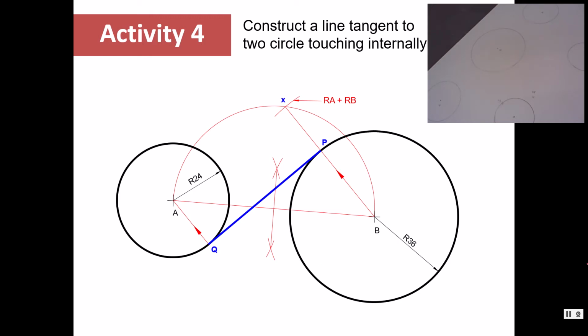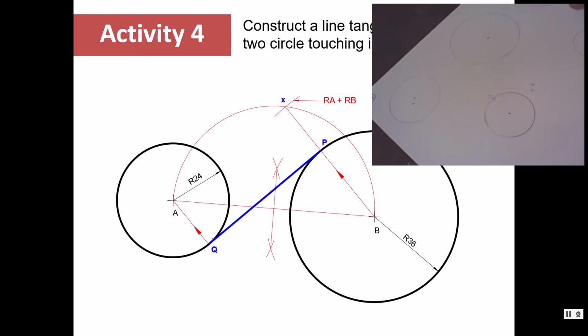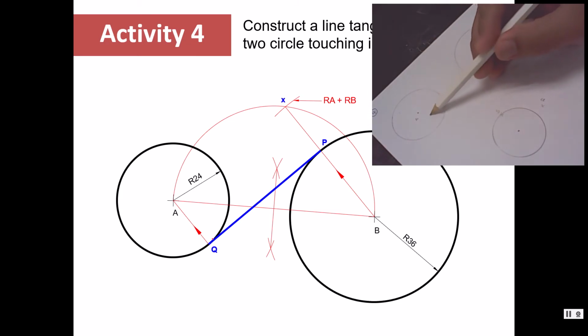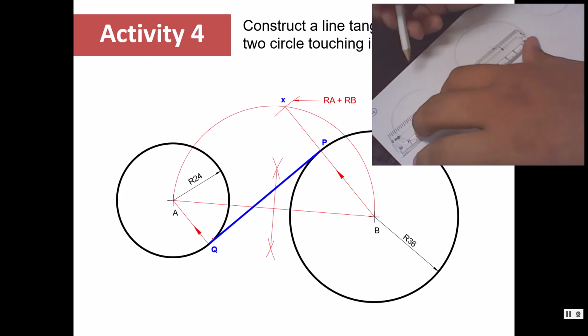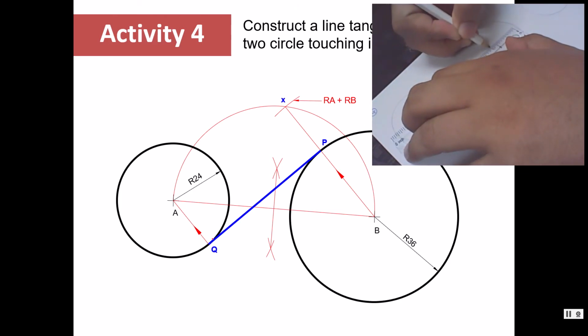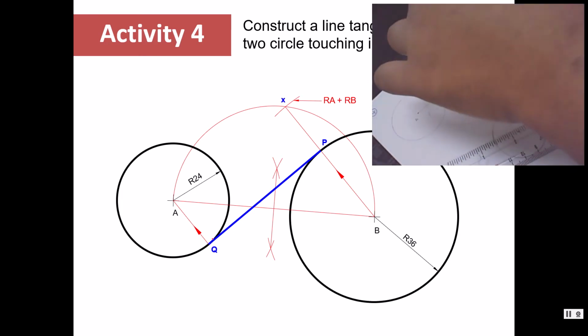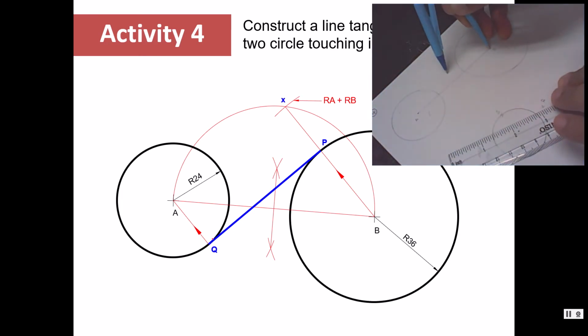Okay, let me show you how it was done. Okay, so we have two circles here, this is the A circle and the B circle. So the first step is to draw a straight line to connect these two center points A and B. Okay, and then the next step is to find the midpoint of this line.